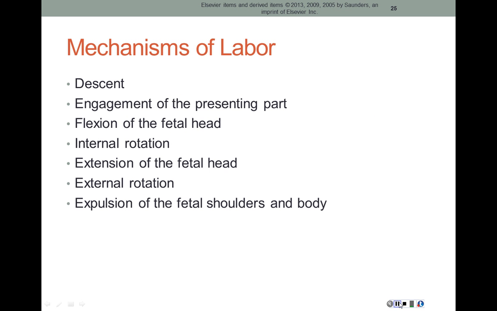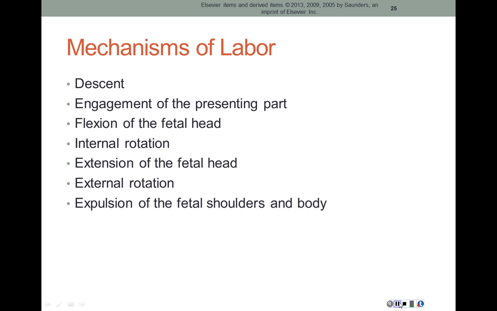Internal rotation, what this does, it allows for the largest part, the fetal head, the largest diameter, to match mom's largest pelvic area or pelvic diameter. Extension of the fetal head, this is what happens once the head passes through the symphysis pubis.